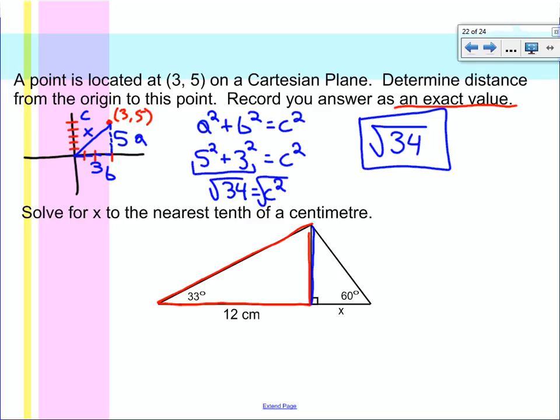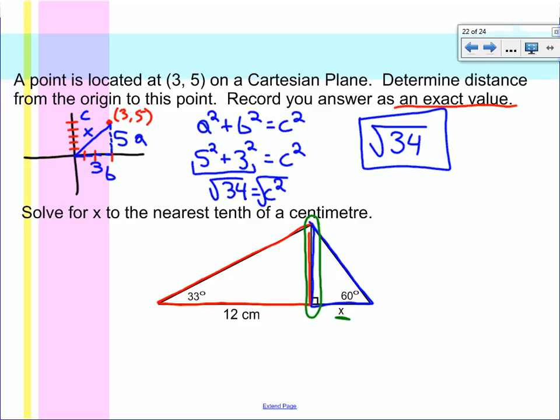Now, a key to these things is usually if you can figure out what the two triangles have in common, then that's usually a good thing to find first. In this question, we notice that these two things have this line in common. Meaning that if we can figure it out by using one of the triangles, then we can use it on the other triangle. And since we want to find x over here on the blue triangle, we need to know one of our other sides to be able to find x.